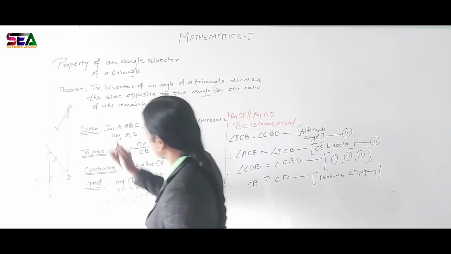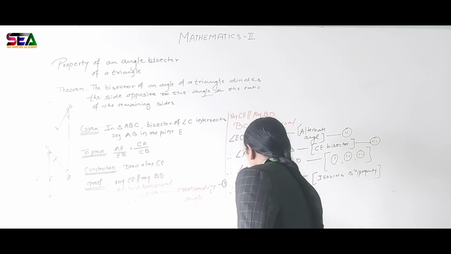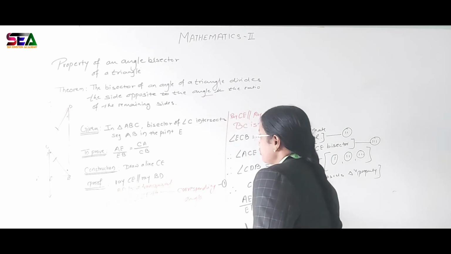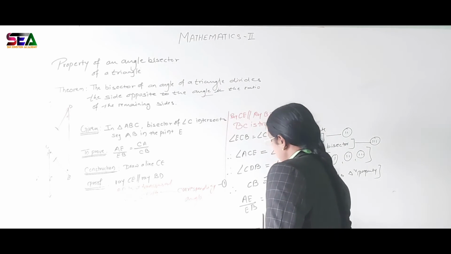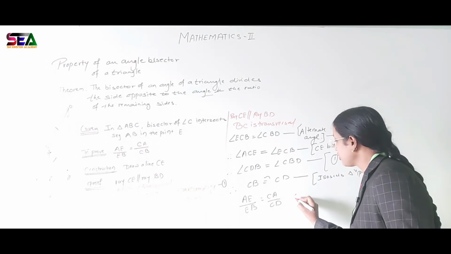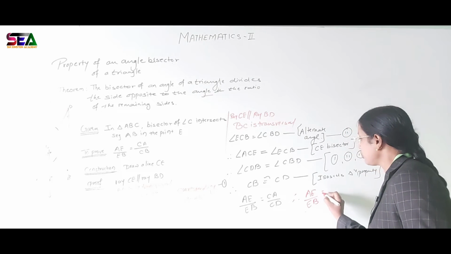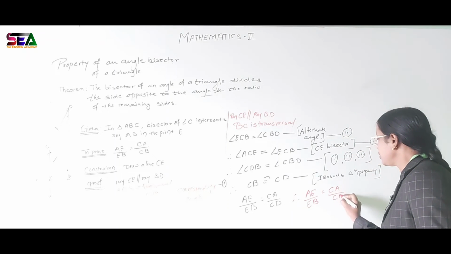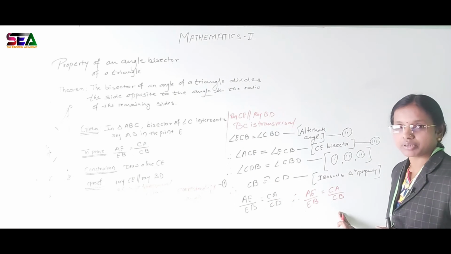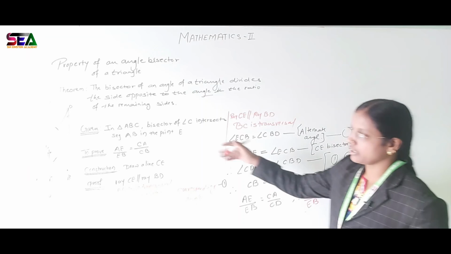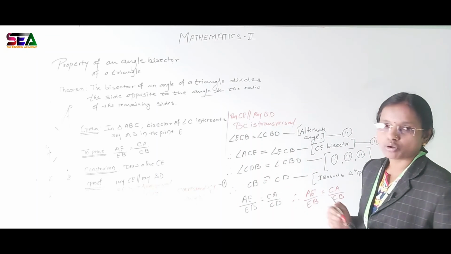Here we can take the ratio AE upon EB is equal to CA upon CD, that means AE upon EB is equal to CA upon CB, because CB and CD are congruent, they are equal. How they are equal we already proved in our diagram and in the proof.